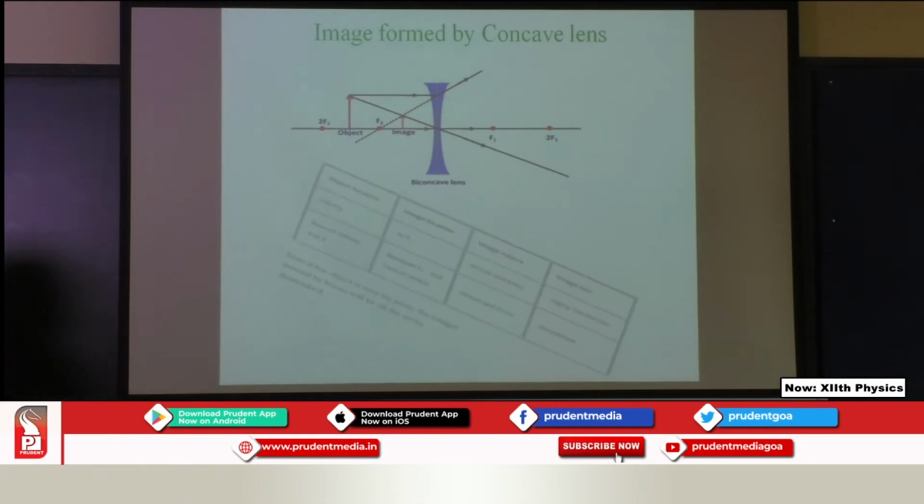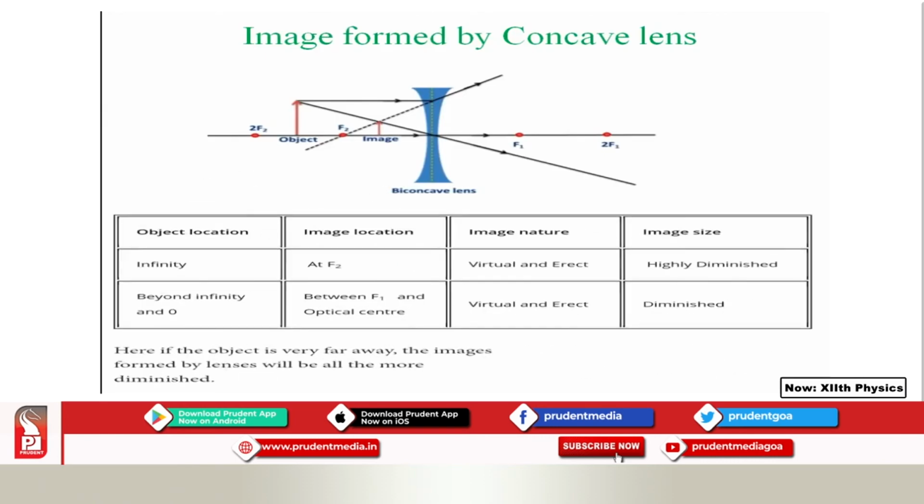This is the image formation by a concave lens. If we use a concave lens, we will be getting highly diminished images. If the object is very far away, the image formed will be more diminished. So, this is with regards to the image formation by the convex and by the concave lens.